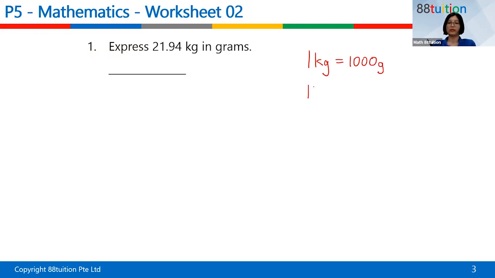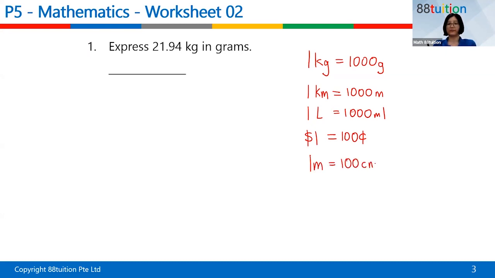Same thing, 1 km is also 1,000 meter. 1 liter is 1,000 ml. These are the 3 units of measurements that usually will come out for 1,000. Then we also talk about $1 is 100 cents. We also talk about 1 meter is 100 cm.